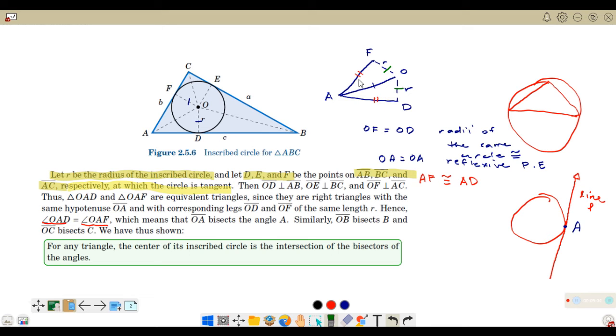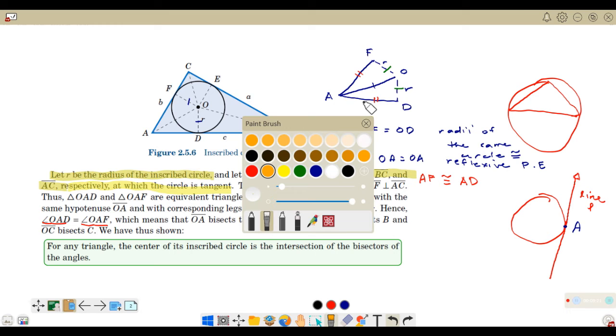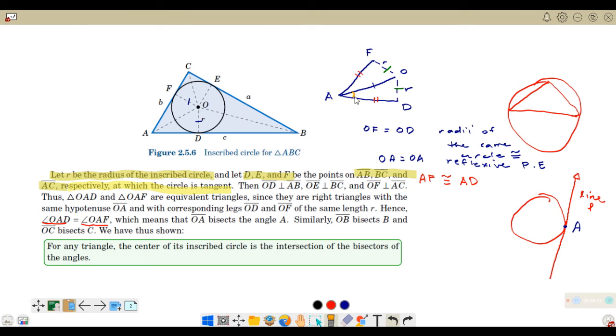So, between this side, OA, and AD, you are going to have the angle OAD. What is its counterpart in the other triangle, OAF?